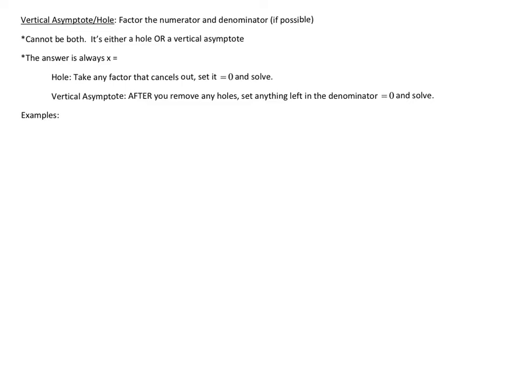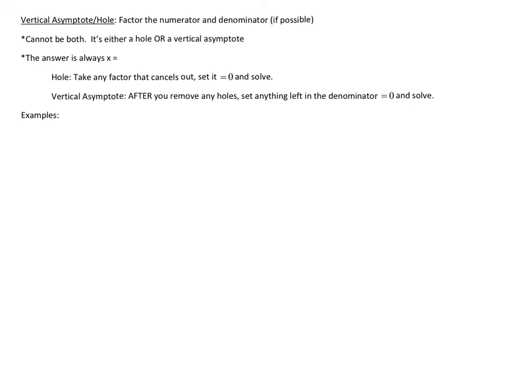So if we cannot be the number 3, the very next question should follow: well, why can't we be the number 3? Is it a vertical asymptote? Is it an entire line at 3 that we cannot be? Or is it a point at 3 that we cannot be? So that's where we get into vertical asymptotes and holes.